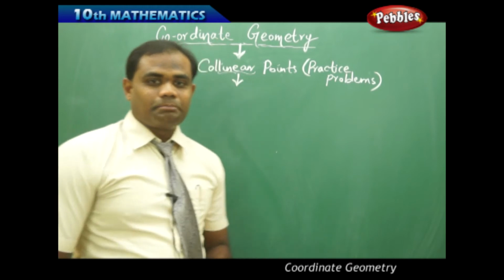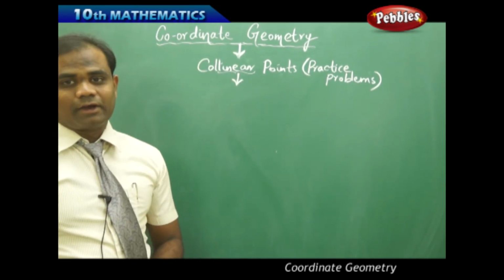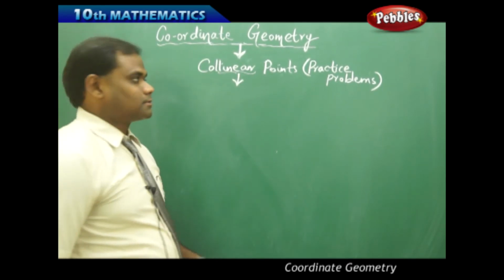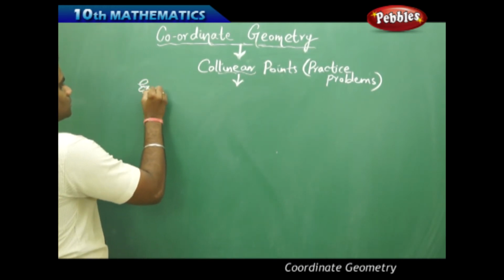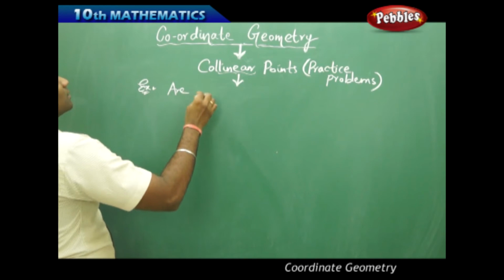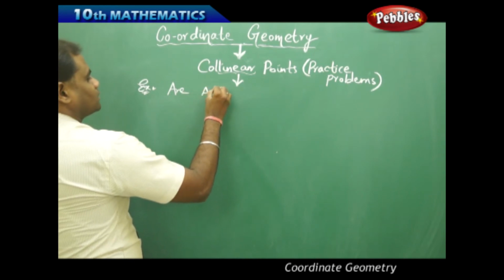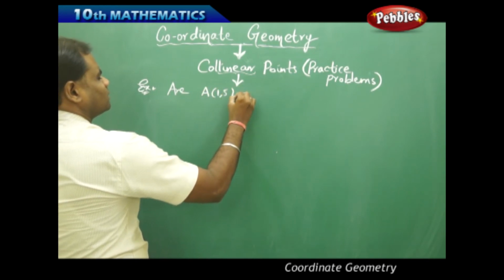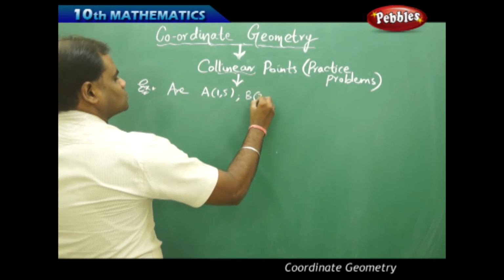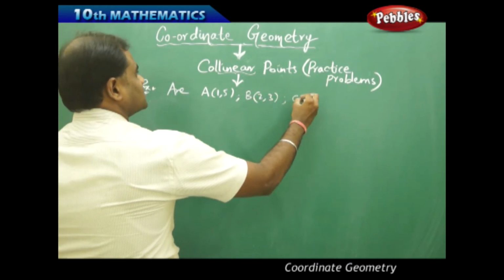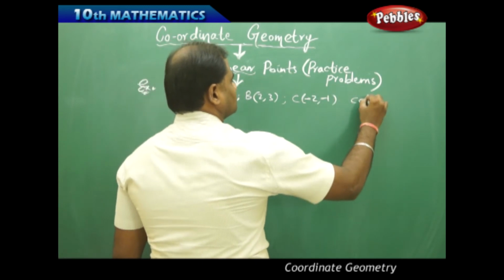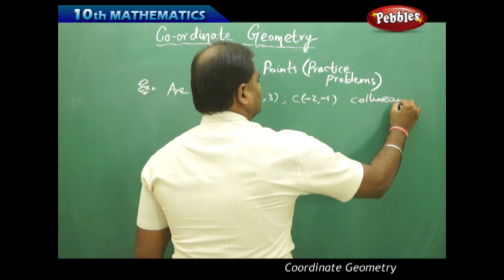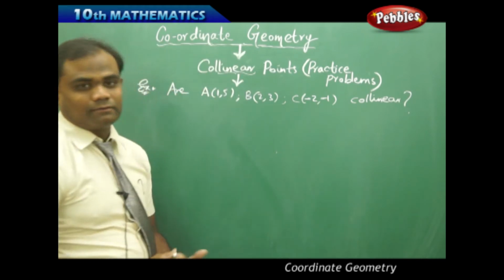The question is: are the points A (1, 5), B (2, 3), and C (-2, -1) collinear?